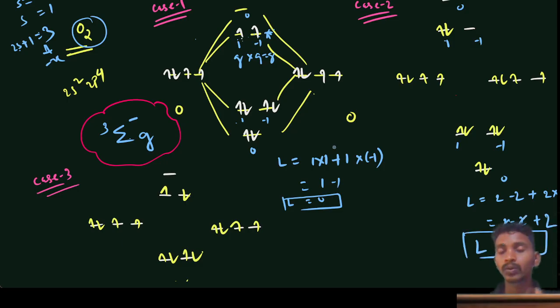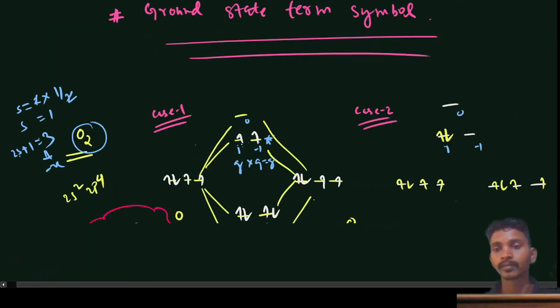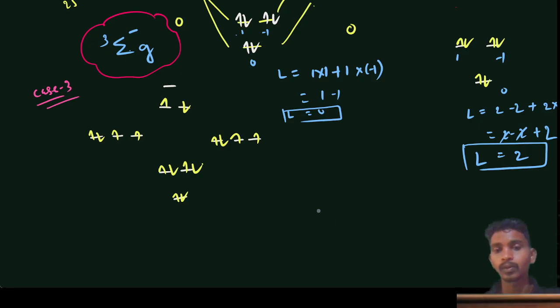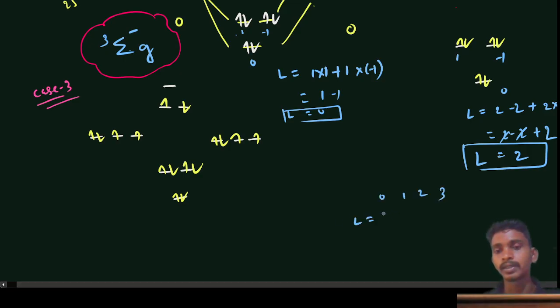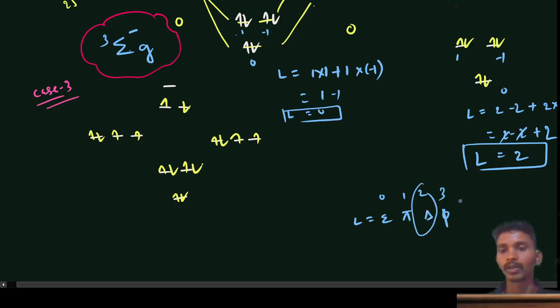So if L is equal to 2, then what are the values? L equal to 0, 1, 2, 3 is sigma, pi, delta, phi. So L is 2, so it is delta.